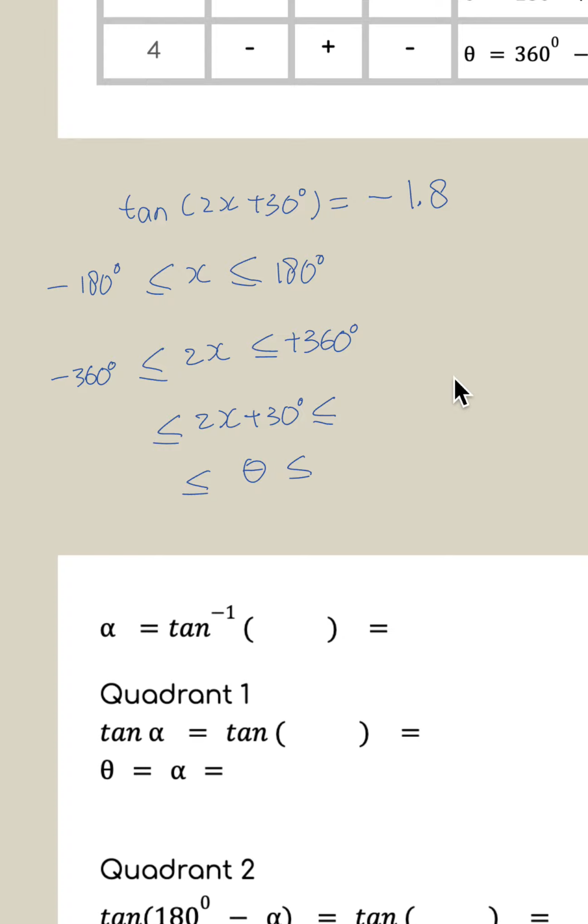So we add 30 degrees to all sides. So 2x plus 30 is negative 330 degrees to positive 390 degrees, which means theta must be between negative 330 degrees and positive 390 degrees. So that's the range of the angle here.